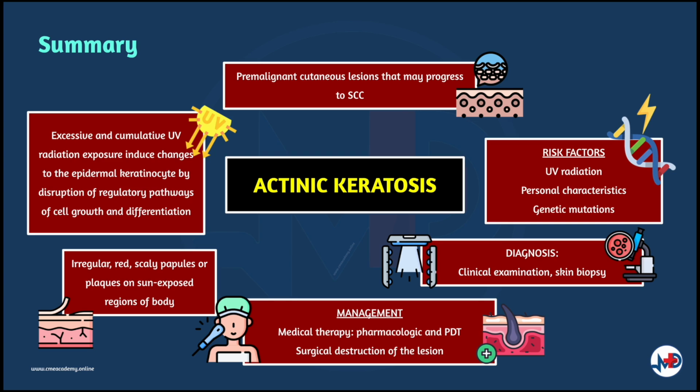Other risk factors include personal characteristics and genetic mutations. AK's lesions are irregular, red, scaly papules or plugs on sun-exposed body areas. It requires careful clinical examination and skin biopsy. Medical treatment of AK includes pharmacological treatment, while surgical treatment is aimed at destroying the lesion.